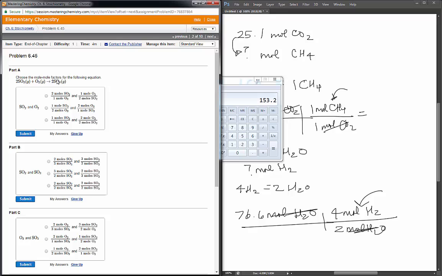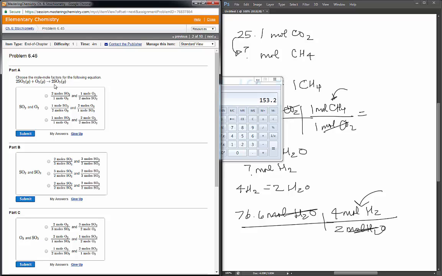So now we're given some equations, and they're asking me what conversion factors I'm going to use. For instance here, for part A, 2 SO2 plus 1 O2 goes to form 2 SO3. They want to know what conversion factor I would use to go back and forth between SO2 and O2. And that's just these first two, right? So I could ignore SO3 for the moment because they're not asking about it. It's still there.